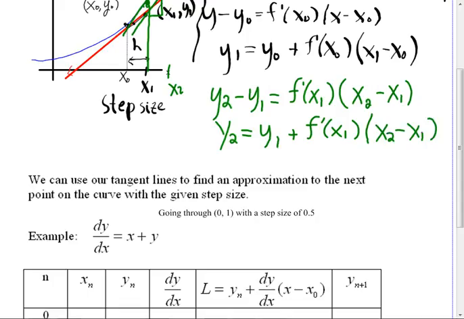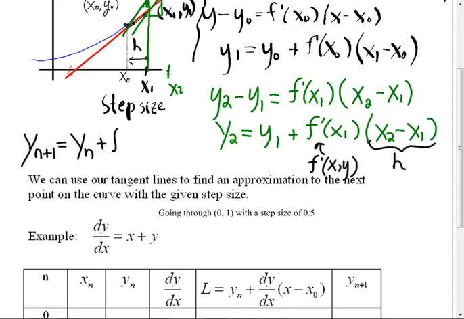We are going to call this the step size. That's h. And this could be a function of x and y. Is that right, Justin? Did I write that correctly? Yeah, I think so. Okay, because it's been a while since I've done multivariable. So the formula is my new y value, call it n plus 1, is the previous one plus the derivative at x and y n, times h.